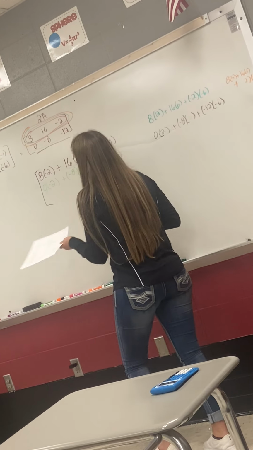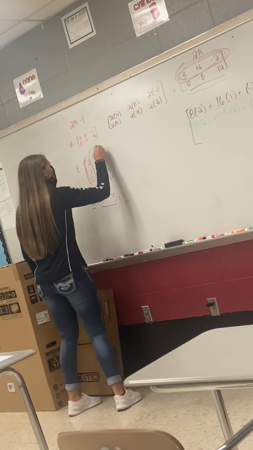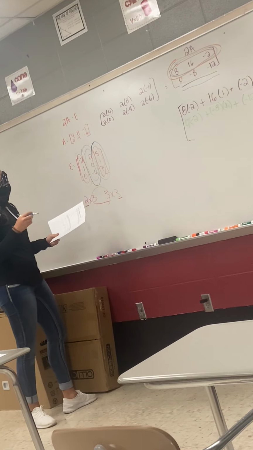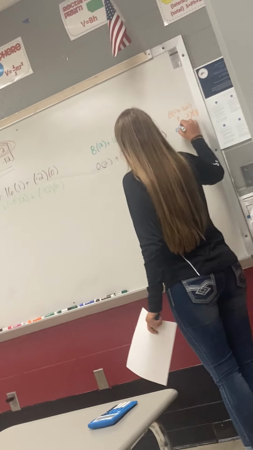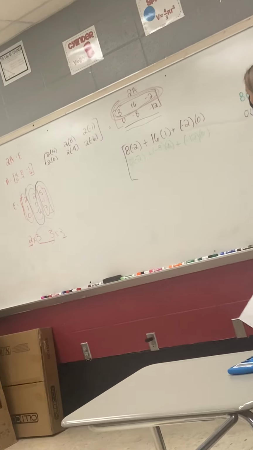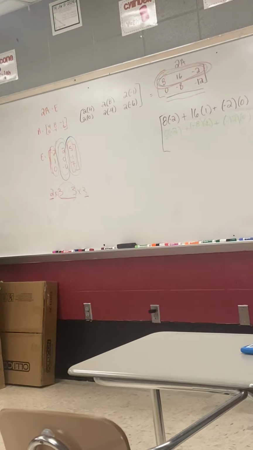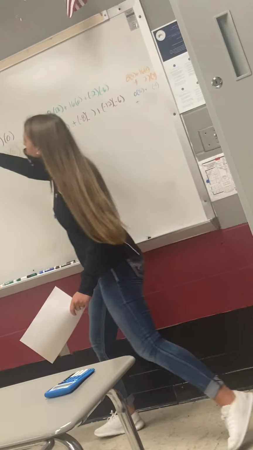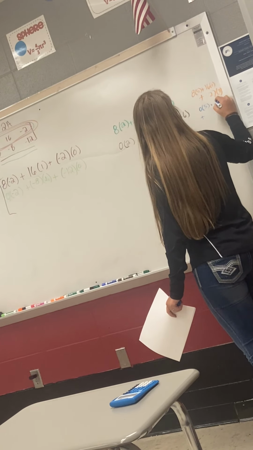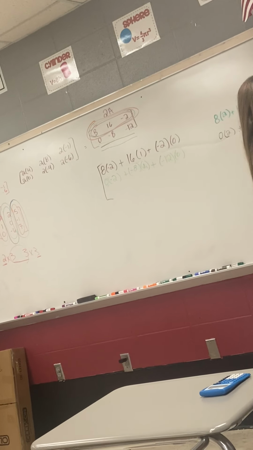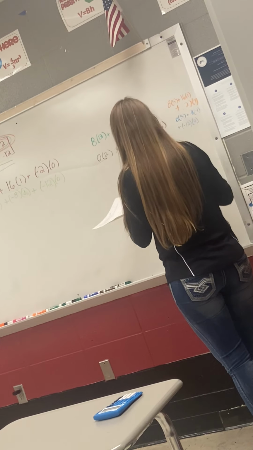And then for our final one, we're going to have this last row of this last column here. So we're going to have, again, 0 times 5 plus, sorry, not 0 times negative 1, negative 8 times negative 1 plus negative 12 times 7. Okay?